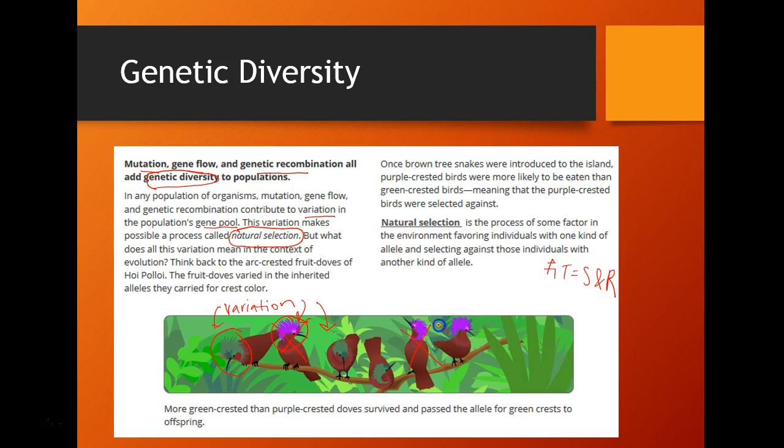And so they were less fit. They were not able to survive or reproduce. So what happened was the amount of green birds actually increased. So instead of seeing equal amounts of green and purple birds, we saw mostly green birds in the end. So natural selection favored the green birds rather than the purple birds.